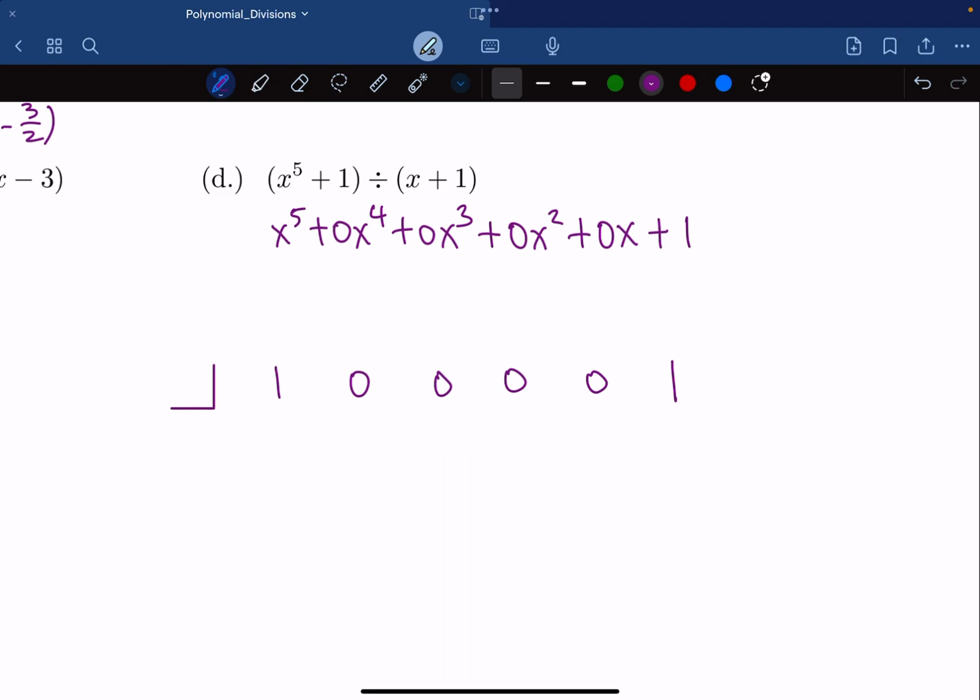And then in the box, what makes x plus 1 equal to 0? That one's easy to see, so just -1. Now I'm ready for the synthetic division.